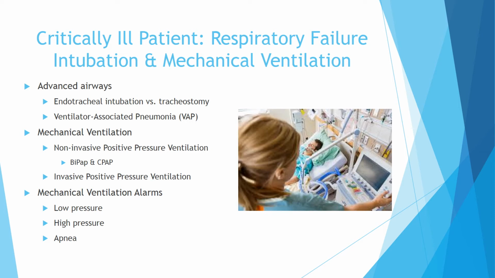Okay, it just attaches right to it, whether it be an endotracheal tube or a tracheostomy tube, it just hooks right up, and you administer the breaths yourself with the ambu bag. Okay, so that's like emergent situations when you need to ventilate your patient. You can't just let them sit there having low pressure or high pressure alarms and not do anything about it.